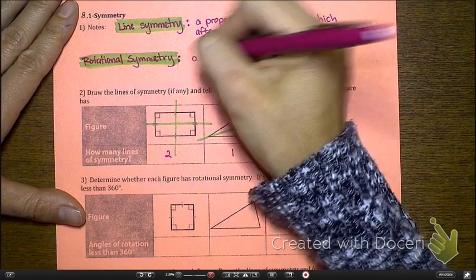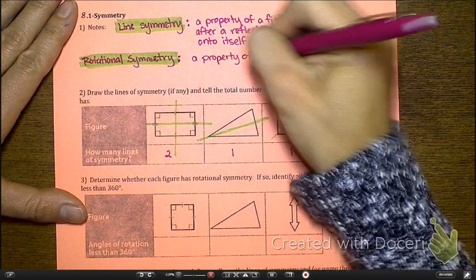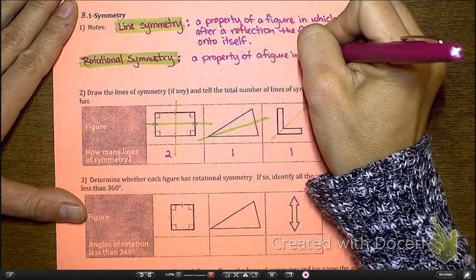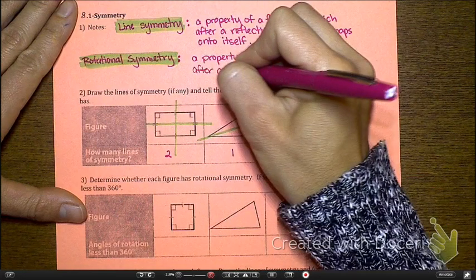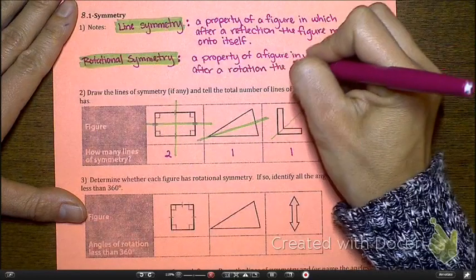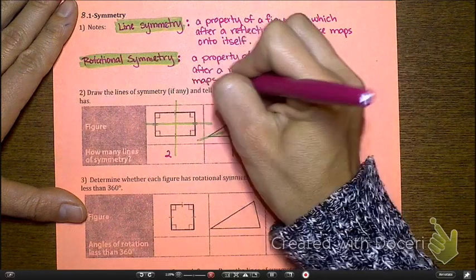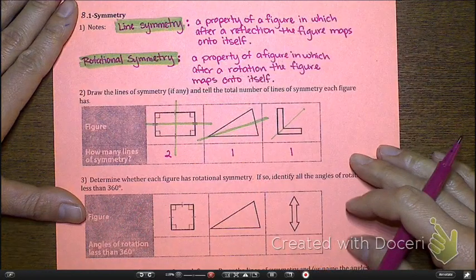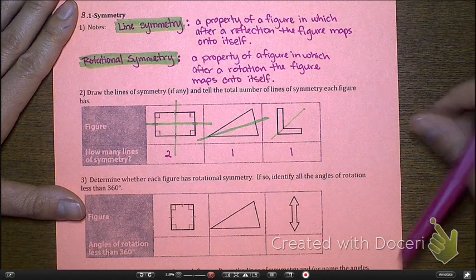So here's the math definition. It's a property of a figure in which after a rotation, the figure maps onto itself.